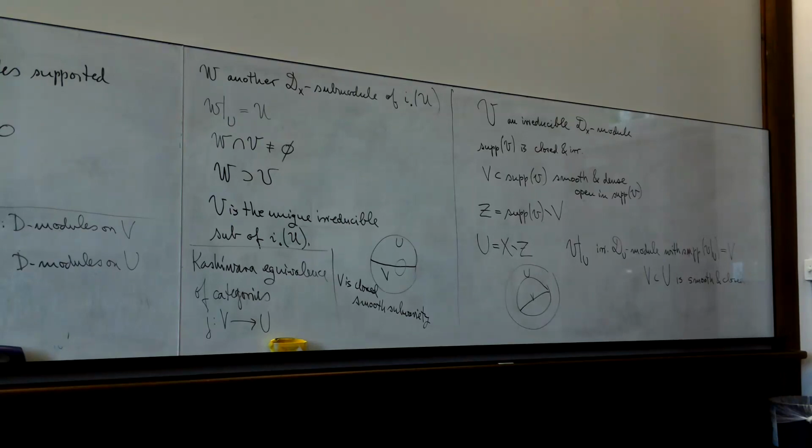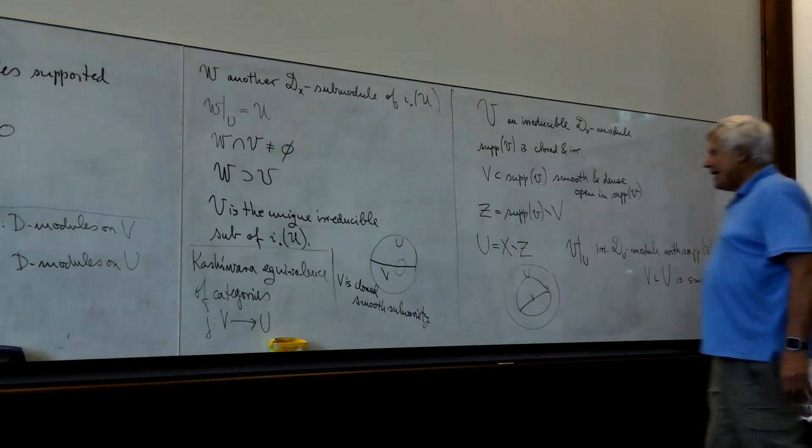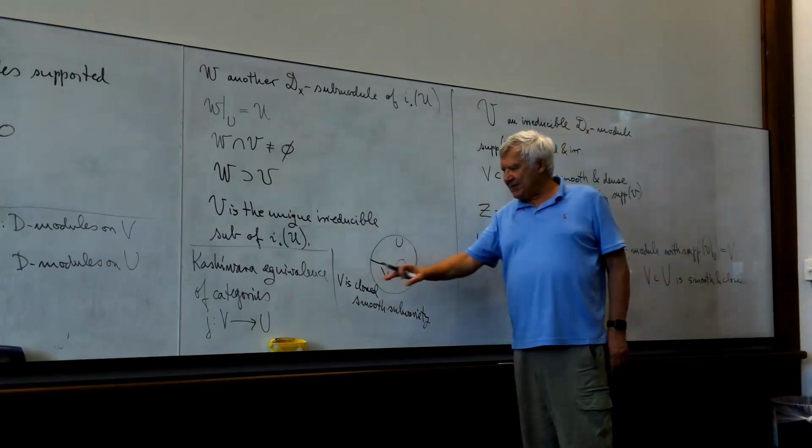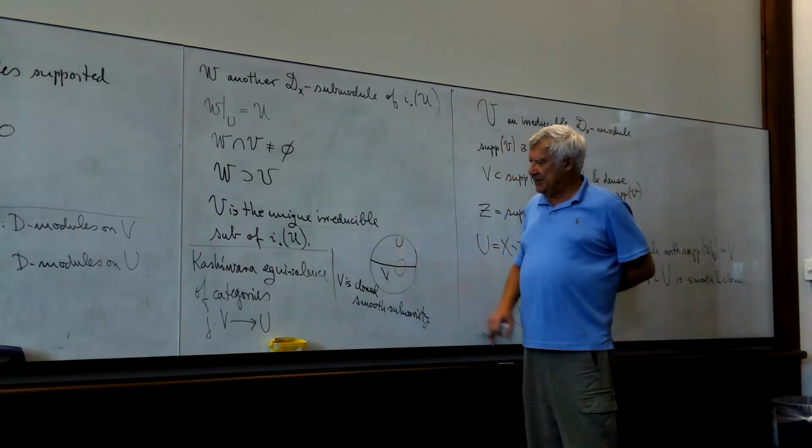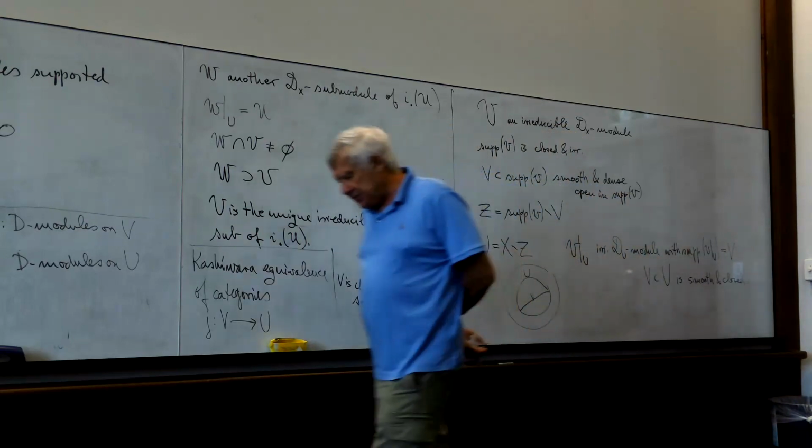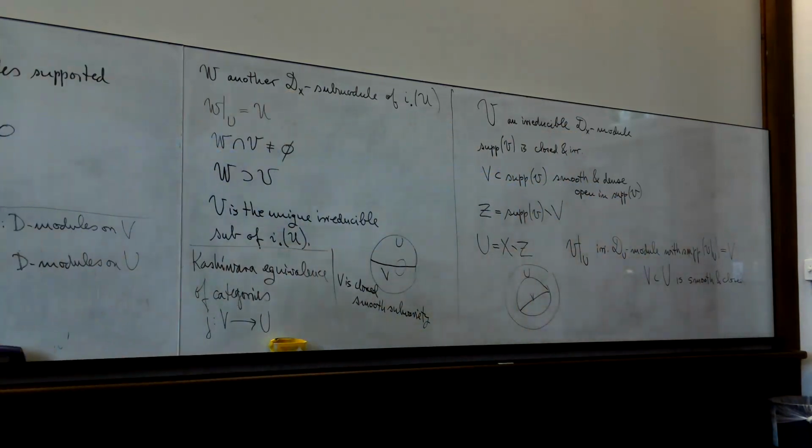So this is almost like a construction of the normal bundle in general. And this is how you define direct image of D modules in this situation. And this functor is exact, and it's an equivalence of categories.